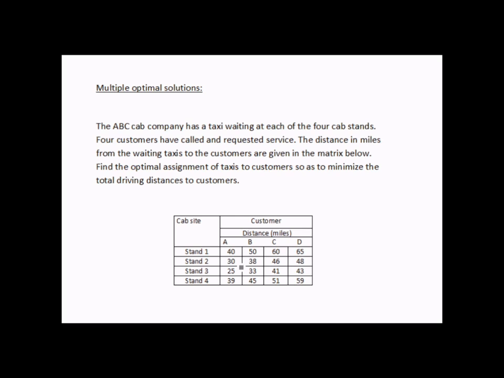Now the question here is, how do we assign the cabs to the customers so as to minimize the total driving distances? So let's use the Hungarian method to solve this problem.